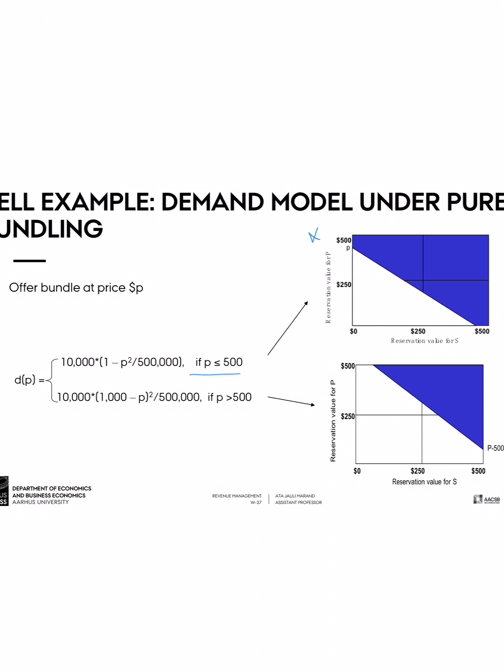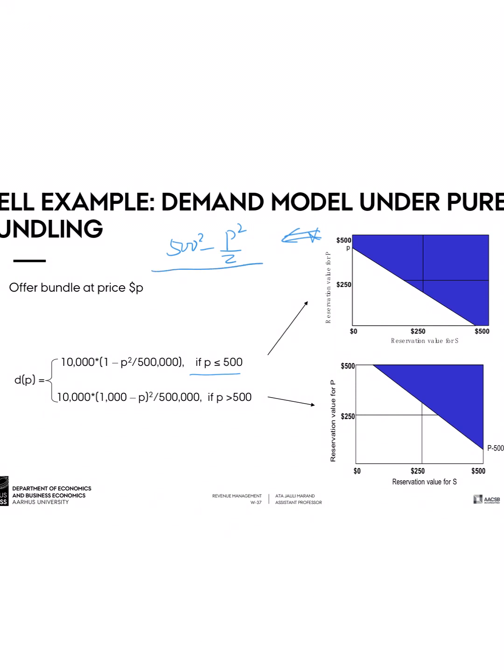We need to calculate the ratio between the shaded area and the square area. The shaded area is the square area minus the small triangle on the left-hand side, which is P squared divided by 2.